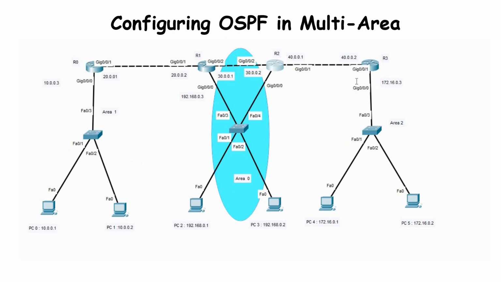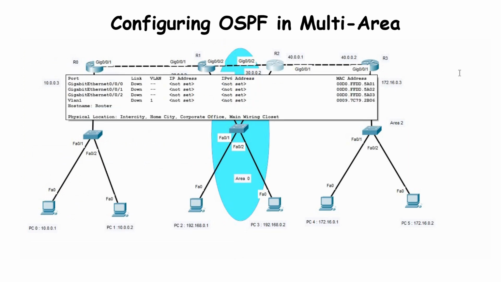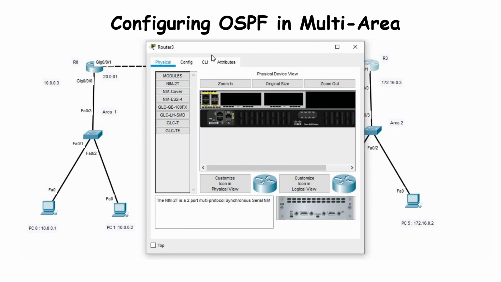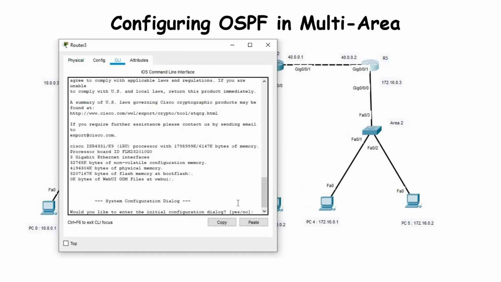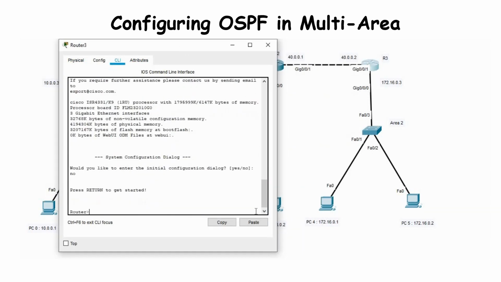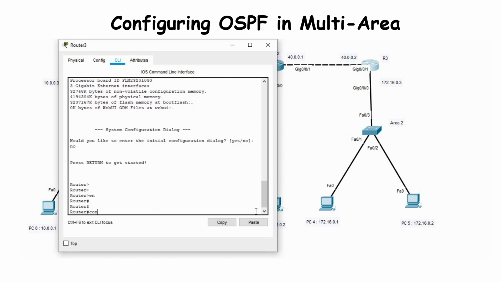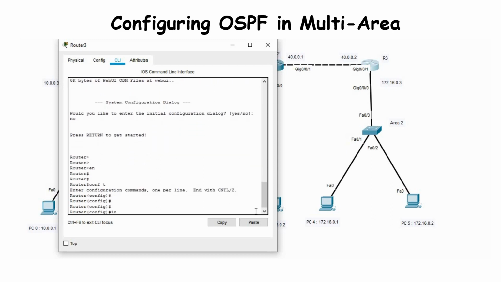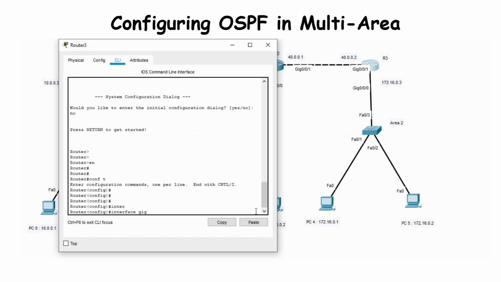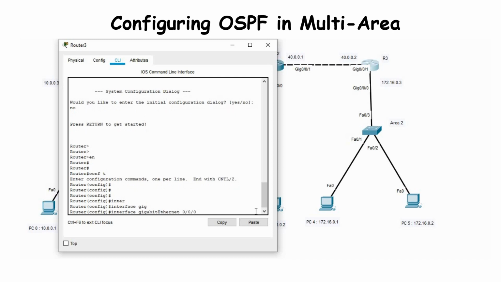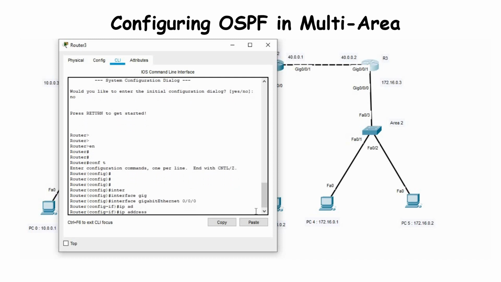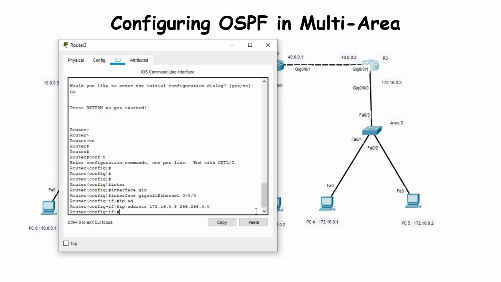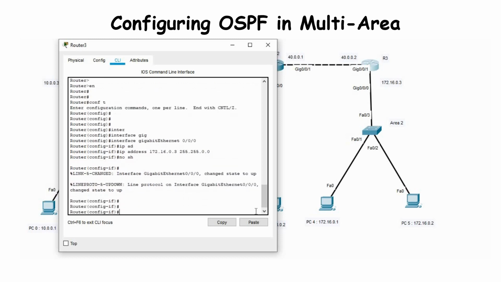Now the final router R3 has 2 interfaces that are in use. R3 CLI. Get into enable mode, configuration mode, interface gigabit 0/0/0, IP address of 172.16.0.3 with default subnet mask, and no shut to bring up this interface.